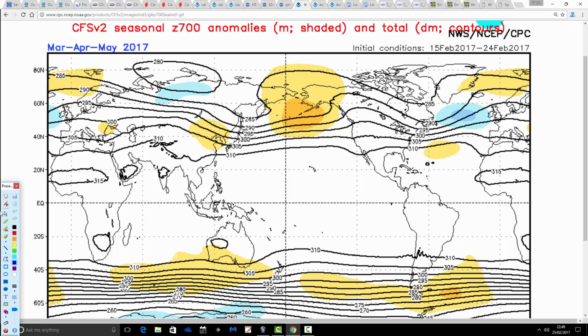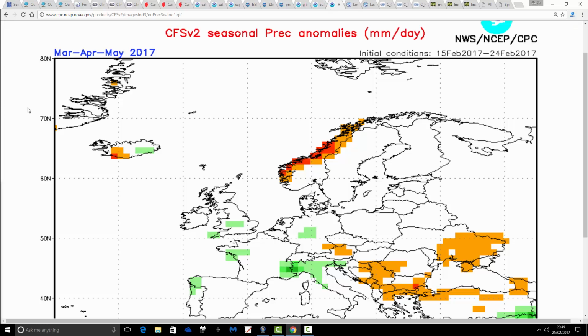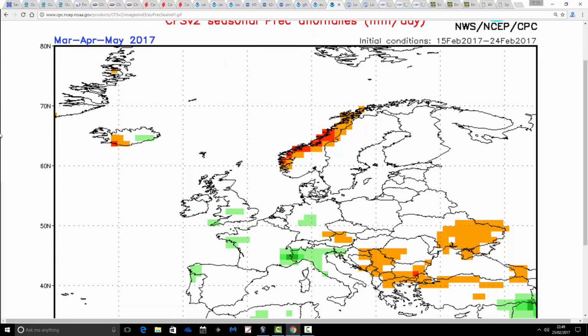CFS-V2 next, and this is 700 millibar height anomaly for the spring. We've got a trough out to our west, bringing the flow in like that. You would expect quite an unsettled spring if that is correct. Temperature anomalies, look at this, very significantly milder than average there. And the precipitation anomaly is looking slightly on the wetter side again, which isn't a surprise because there's low pressure out here with the jet stream coming through.